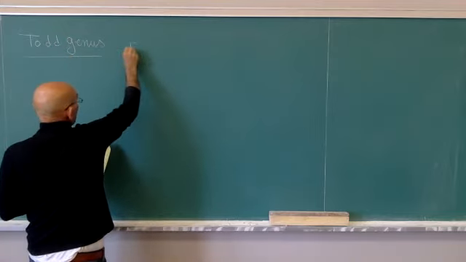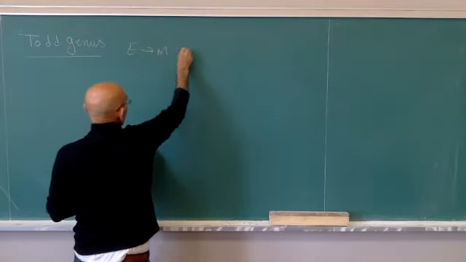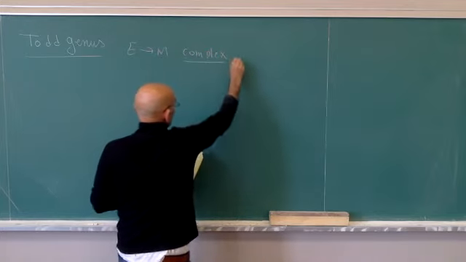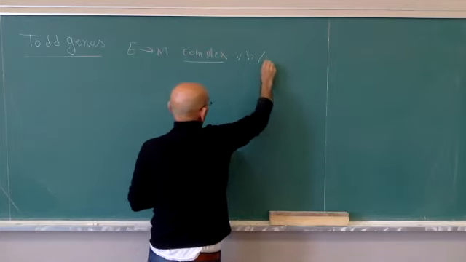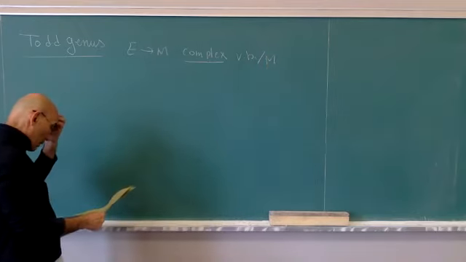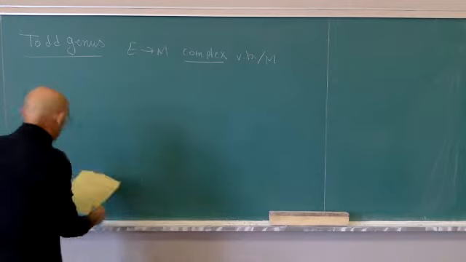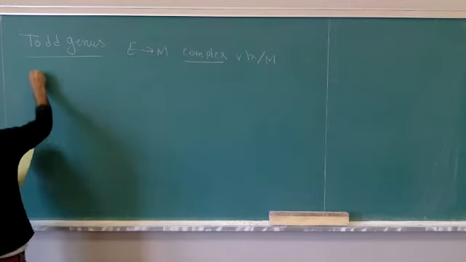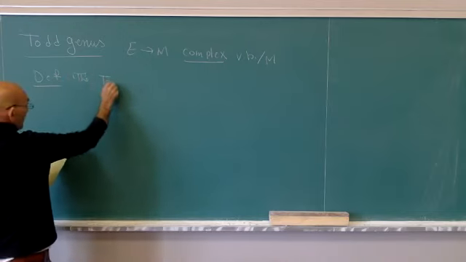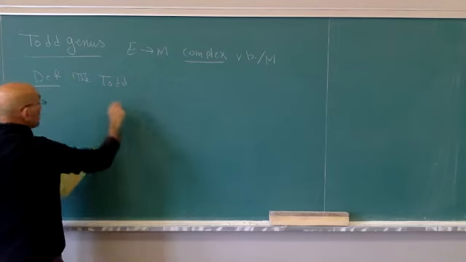So again, let E over M be a complex vector bundle over a smooth manifold M. So let us define Todd E. Todd was, of course, a British mathematician, I believe.